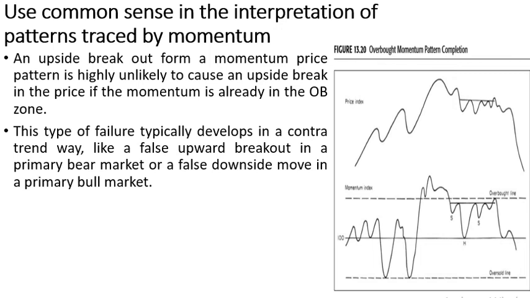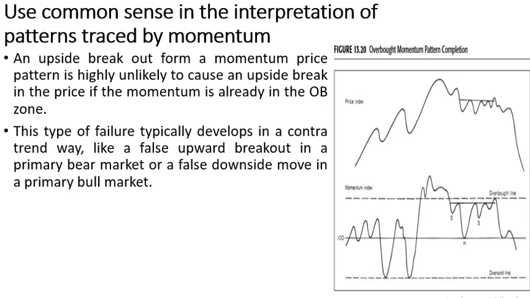When the momentum is already in an overbought area and it's still tracing out a bullish head and shoulders, so a reverse head and shoulders, it is obvious that it is not going to cause an explosive rally in the price because the indicator is already overbought. So it's key to keep this in mind and look for reverse patterns.